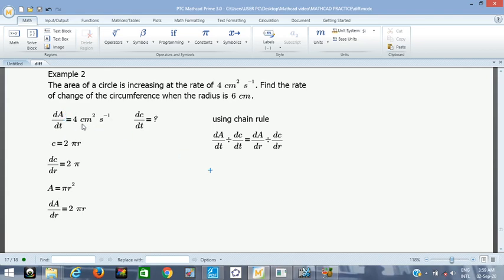So dA/dt, I have 4 according to the question, which says the area of a circle is increasing at the rate of 4. You can see it.